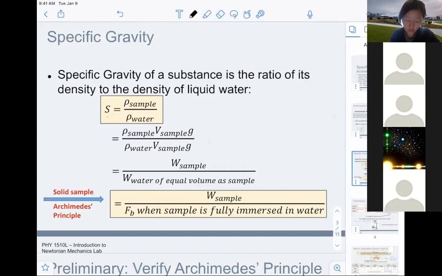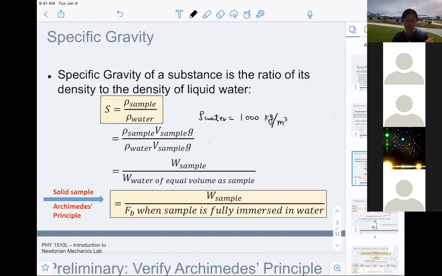The density of the water is 1,000 kilograms per meter cubed. So what is the density of the sample, the object you're interested in? You divide that by the density of water, you get a ratio, and that's specific gravity.